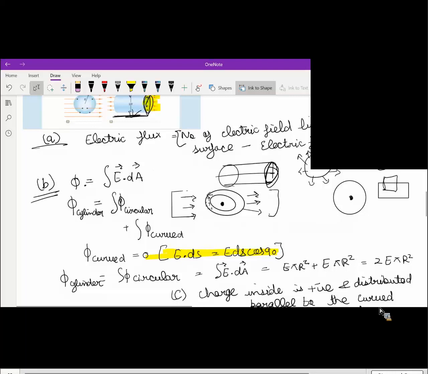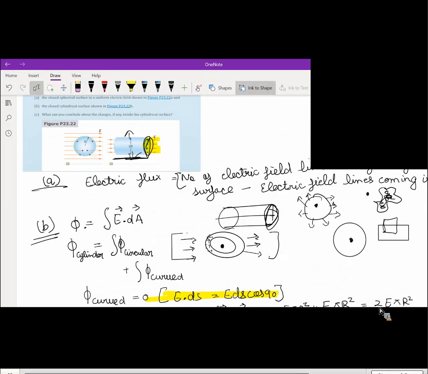Because as you can see, the electric field lines are parallel to the surface. That means if the area vector is like this from the curved surface, the angle between E and the area vector is 90 degrees, so the electric field lines through the curved surface are perpendicular to E, as you can see here.